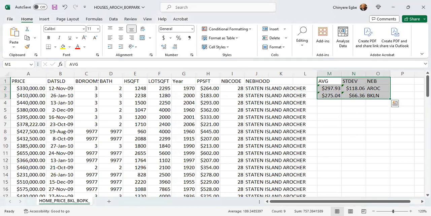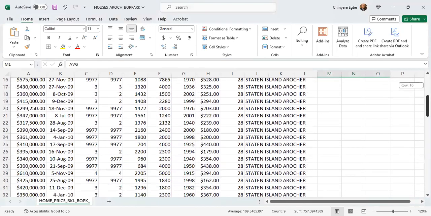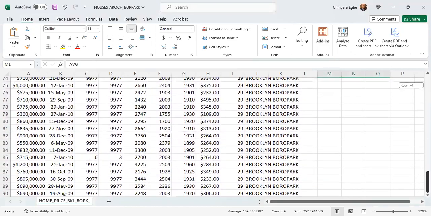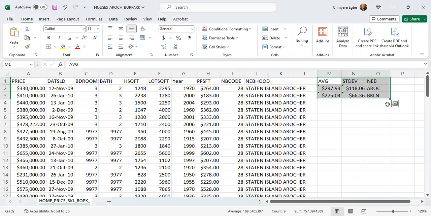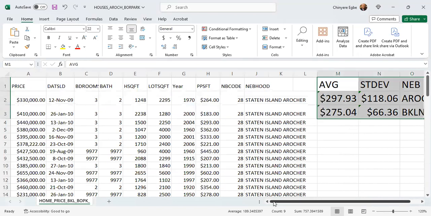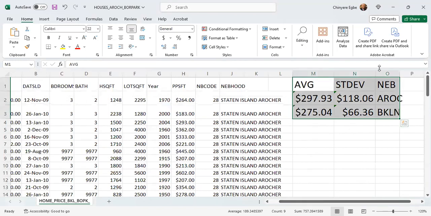You can see there are two neighborhoods here, Aroche and Borough Park. Okay, there are two neighborhoods. So you calculate the averages, and the averages are calculated here. I'm going to make that big. Okay, the averages are calculated there.